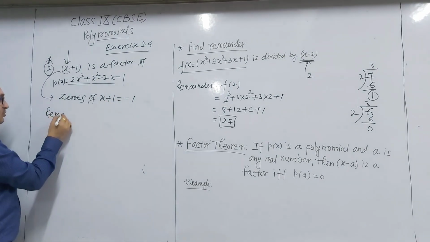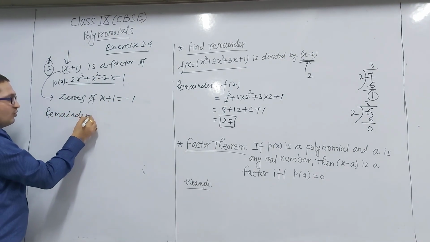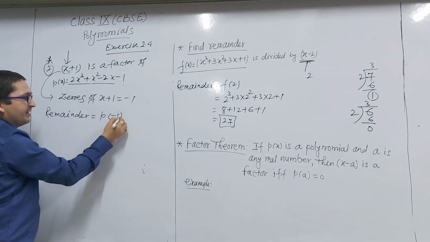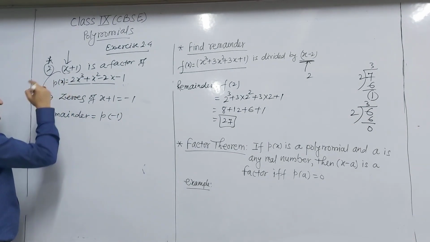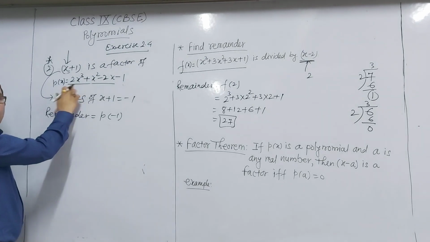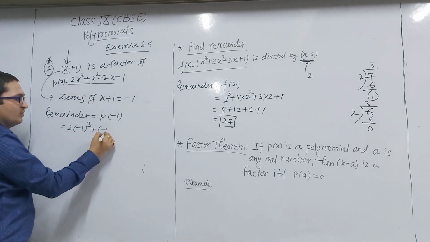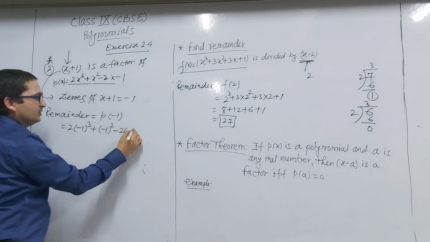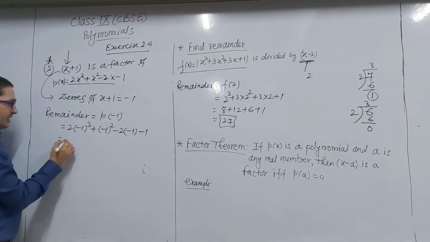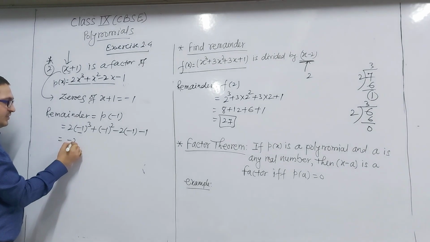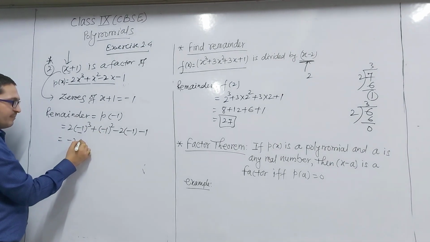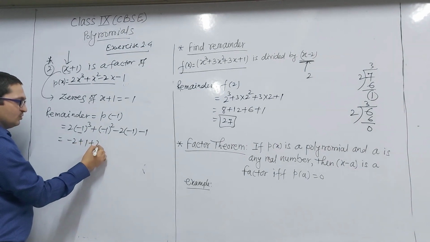So find the remainder. Remainder will be equal to P(minus 1). Instead of x, you need to put minus 1. So 2 into minus 1 cube plus minus 1 whole square minus 2 into minus 1. Minus 1 cube is minus 1, so it will be minus 2; minus 1 whole square is plus 1; this is plus 2, and this is minus 1.